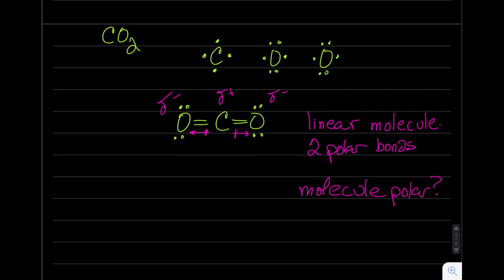We've got carbon, this first one, the oxygen is pulling the electrons towards itself, and on this side, the other oxygen is pulling the electrons toward itself, resulting in equal and opposite pulls, which means the electrons aren't actually going to move anywhere at all, which makes this a nonpolar molecule.